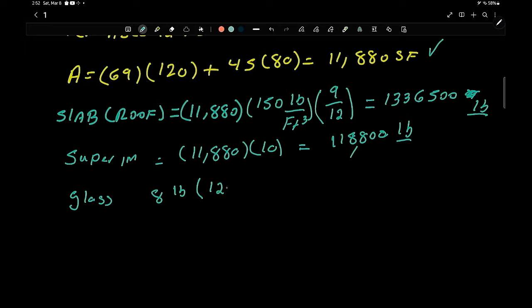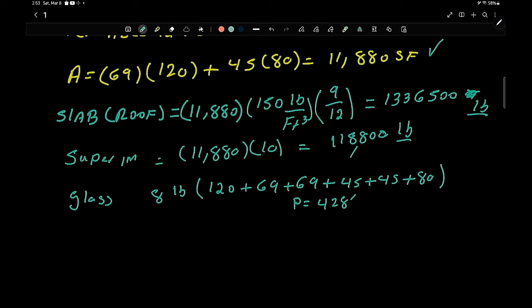So it's going to be 8 pounds times 120 on one side plus 69 plus 69 plus, no, 45 on both sides, 45 plus 80. That's basically the perimeter of the building, which comes out to be 428 feet.